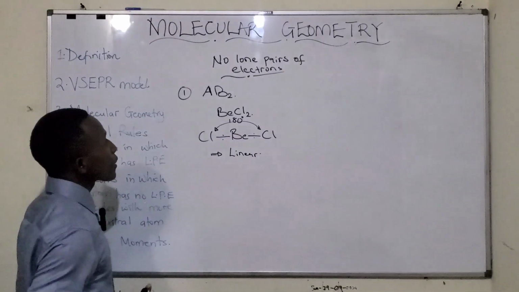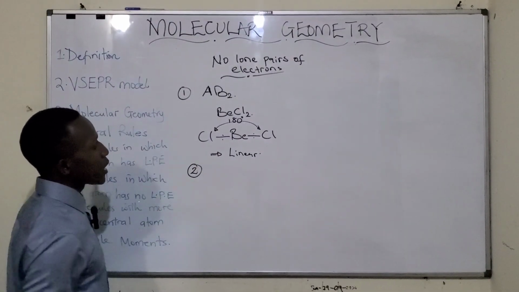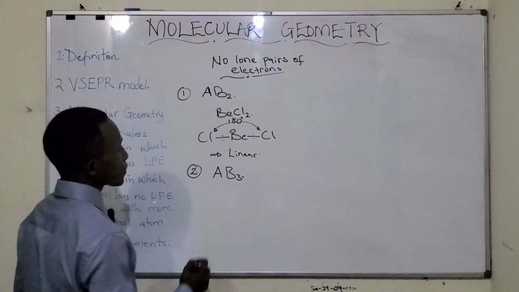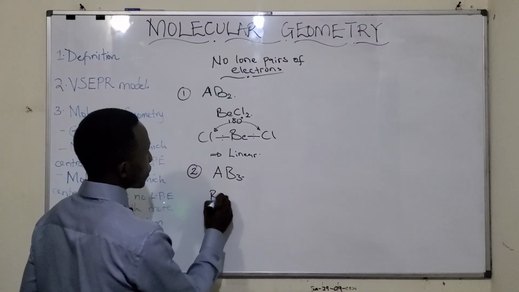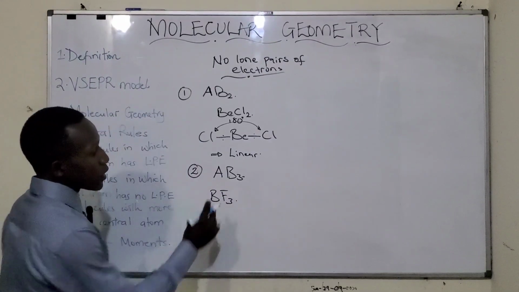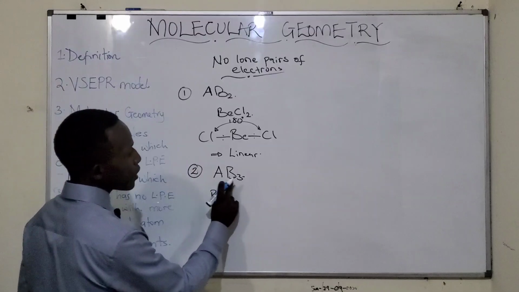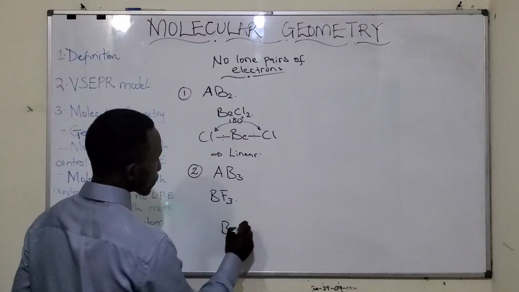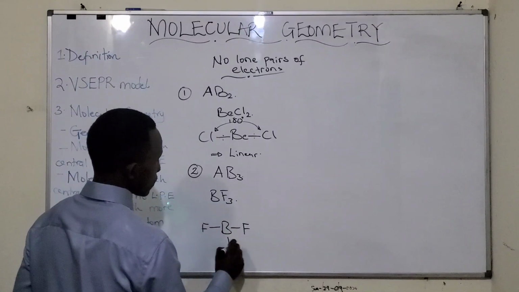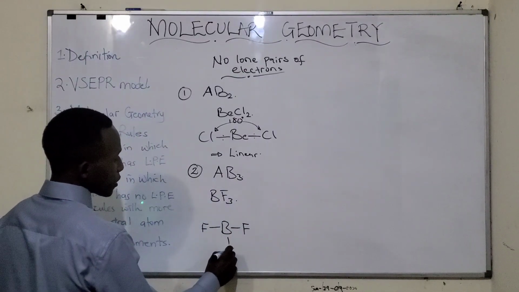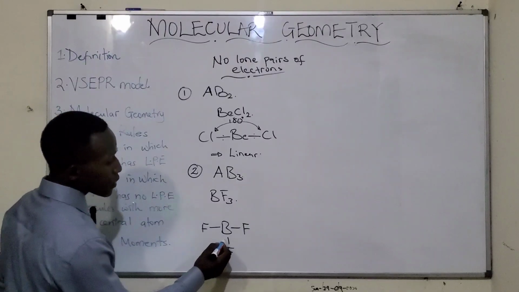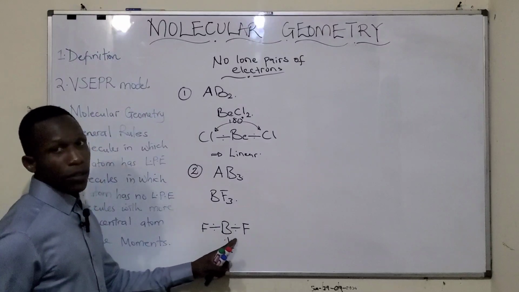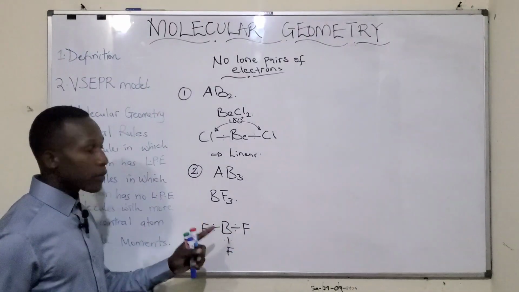Another example, when the central atom is attached to three other atoms. An example is boron trifluoride. This A just represents the central atom, and these are the surrounding atoms. So boron trifluoride has boron with three fluorine atoms. But the structure is not like this, because these bond pairs of electrons have to repel themselves maximally such that they attain minimum repulsion.